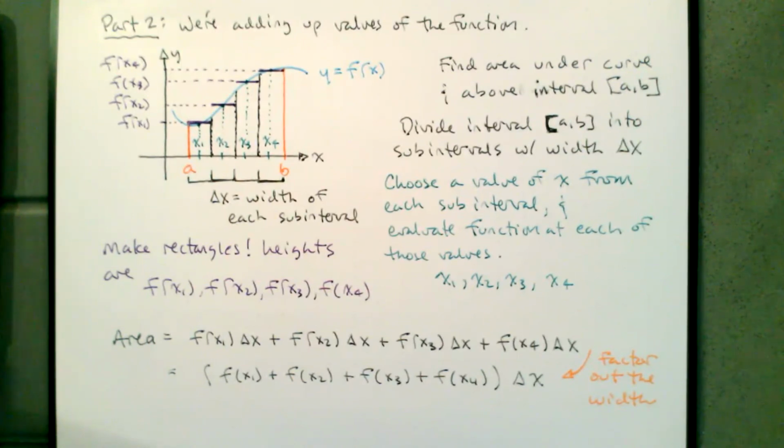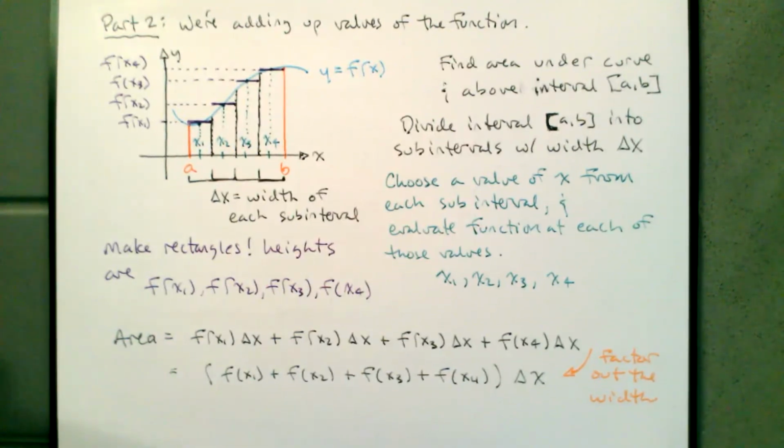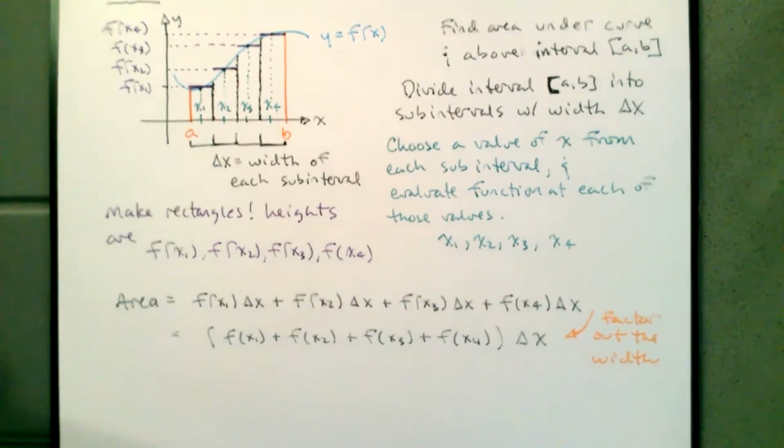Now, we know that using more rectangles will improve our approximation, and that using an infinite number of rectangles should give us the exact value of the area. So to look at that some more, we need to introduce a kind of notation called summation notation.